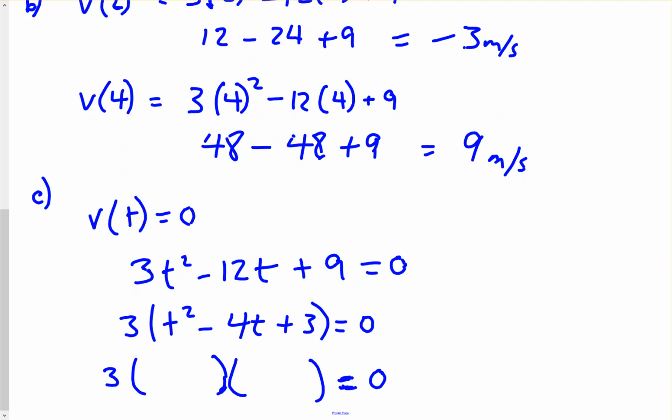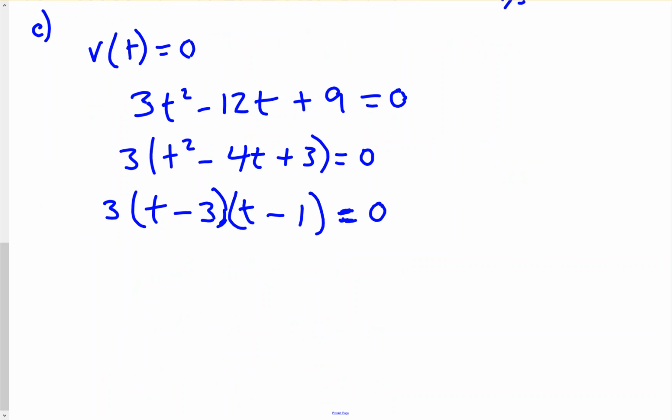Next we would factor the inside. Factors of t squared would be t and t. Multiplies to 3, adds up to negative 4. That would be negative 3 and negative 1. Set each factor equal to 0.